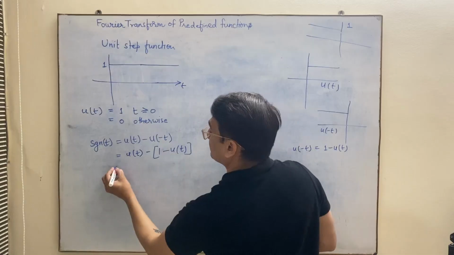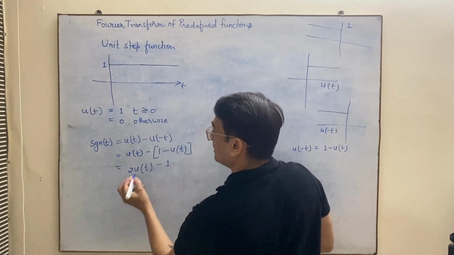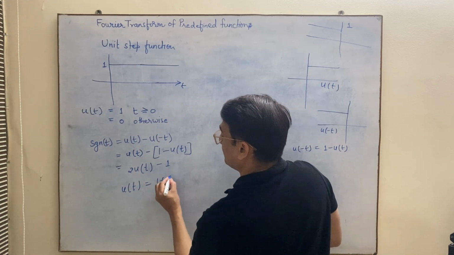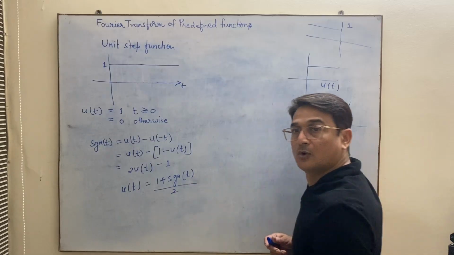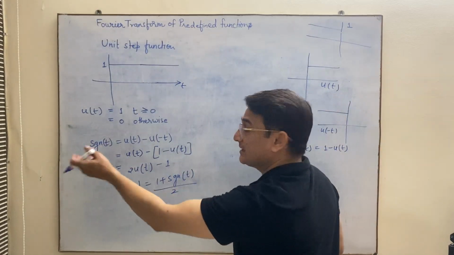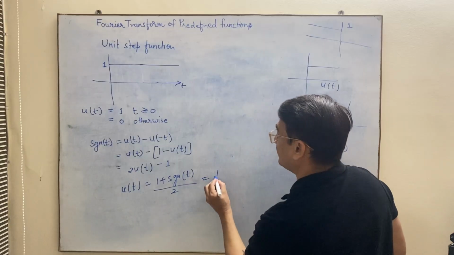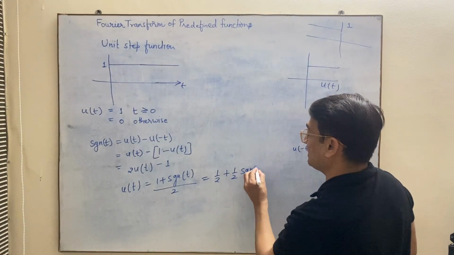By solving this, you will get 2 u(t) minus 1, which can be written as u(t) equals (1 plus signum t) by 2. The 1 goes there and 2 comes to the denominator, or you can write it as 1 by 2 plus 1 by 2 signum t.